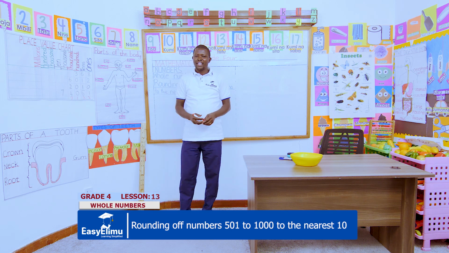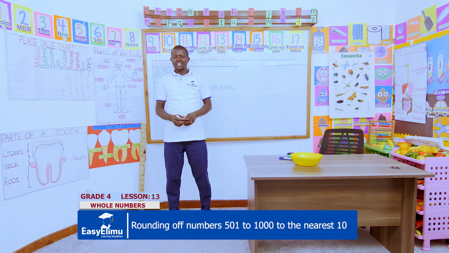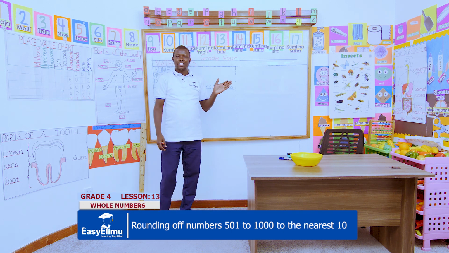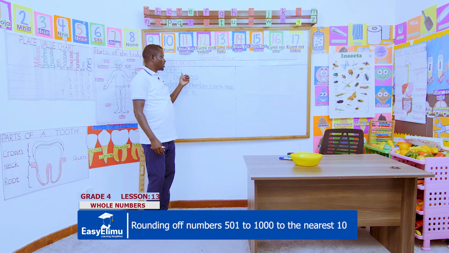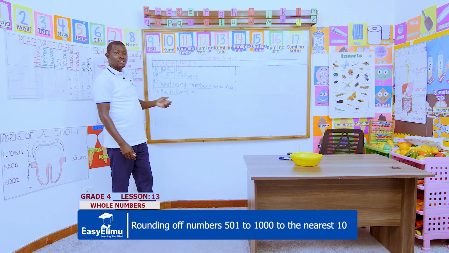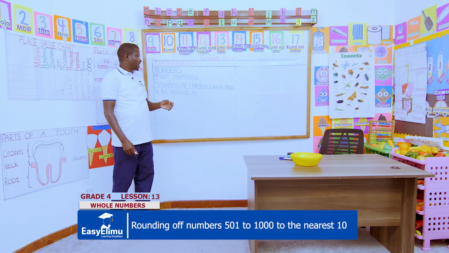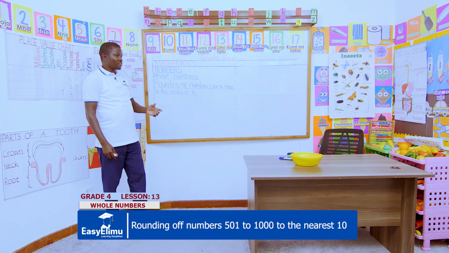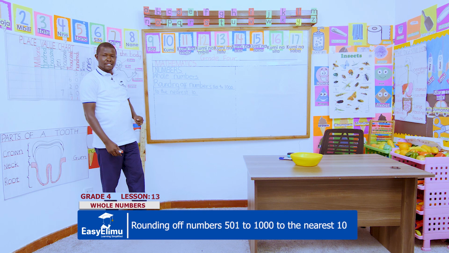In our lesson for today, in grade 4 mathematics activities, we look at numbers, and under numbers we are on whole numbers: rounding off numbers from 501 to 1000 to the nearest tens.